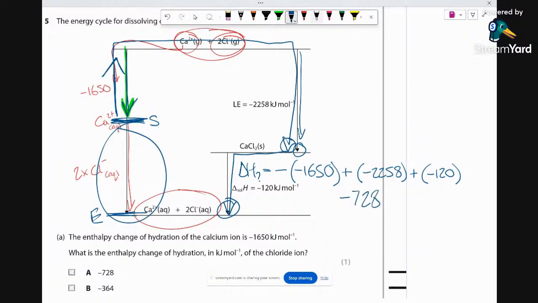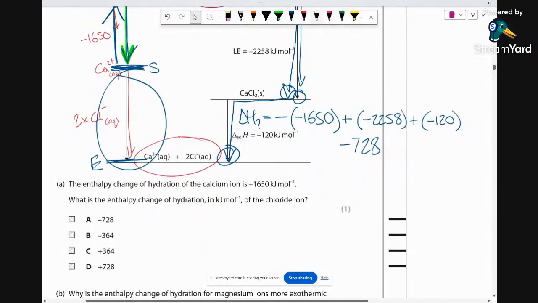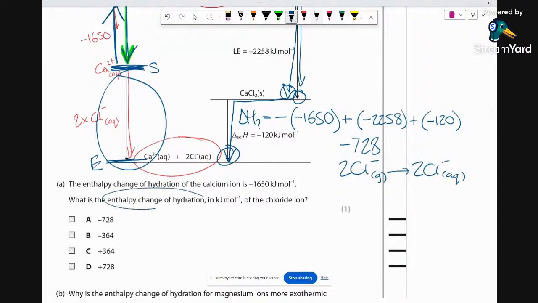Now, most students would then just go, straight away, there's A. But don't forget, this is for 2 chloride ions, going from gas to 2 chloride aqueous. If I want a single one for the enthalpy of hydration, the heat energy change when 1 mole of gaseous chloride ions mixes with water to form 1 mole of aqueous chloride ions, you need to divide it by 2. So divide the answer by 2 will give me minus 364. So I'm going to go for B.